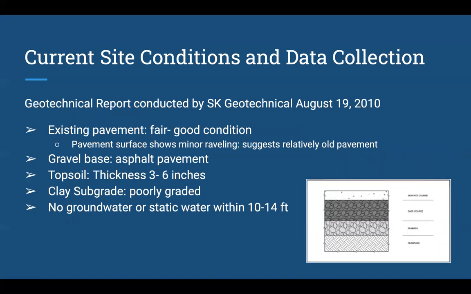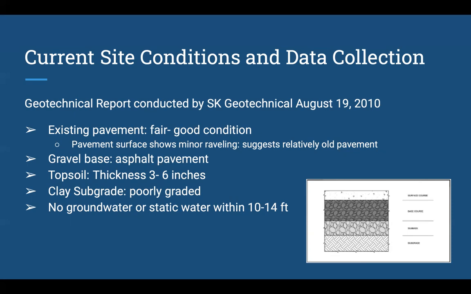And what we learned from both of those is that the pavement that is currently on the airport is in fair to good condition. There's a few minor things that we were looking at, but it just suggests that the pavement isn't necessarily brand new, but it still has plenty of time in its lifespan.